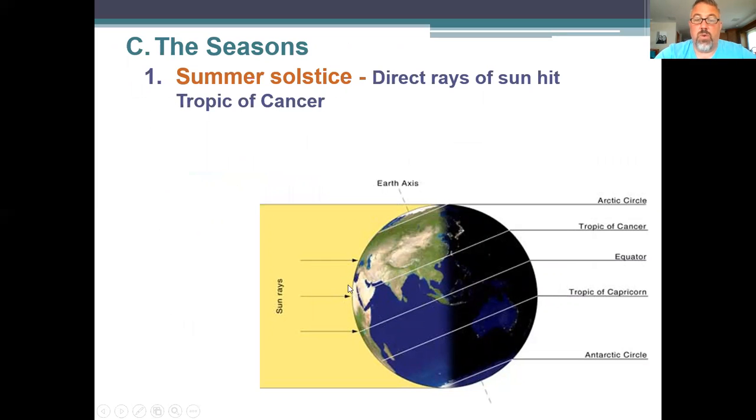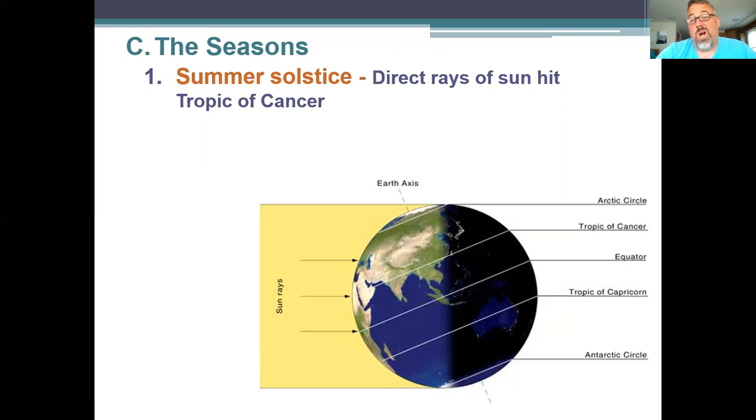And if you look right here is the Tropic of Cancer, and we're rotating on the axis, which is right through the middle of the Earth. So right here are the direct rays. So the sun would be over here pointing directly here. Now notice in the southern hemisphere, it doesn't look like it's hitting it very direct at all. That's why it's wintertime in the southern hemisphere during this time.